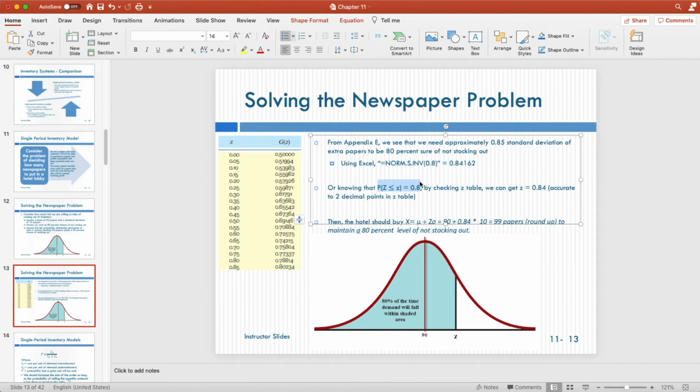Let me repeat that again. In the z table, what does z represent? Z corresponds to the standard normal distribution.